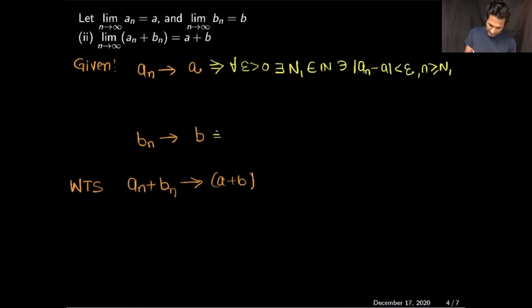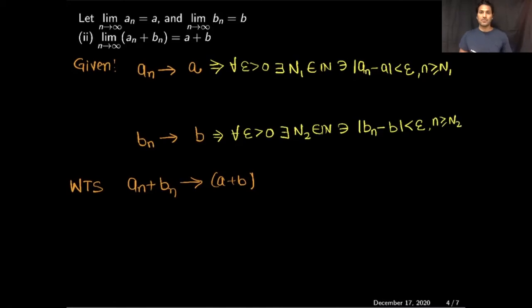Similarly, for all epsilon positive, there exists a natural number, this time I'm going to call N2, so that bn minus b is less than epsilon when n is bigger than or equal to N2. So these are the two statements which are given.